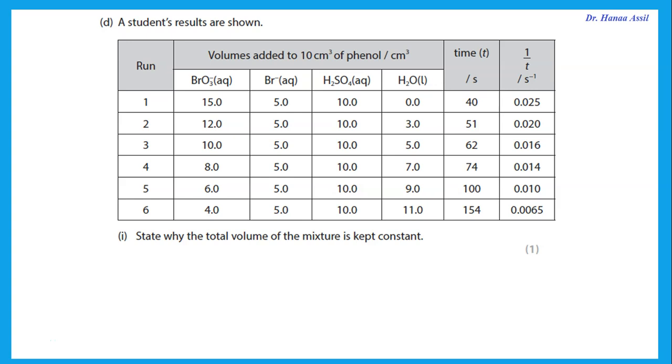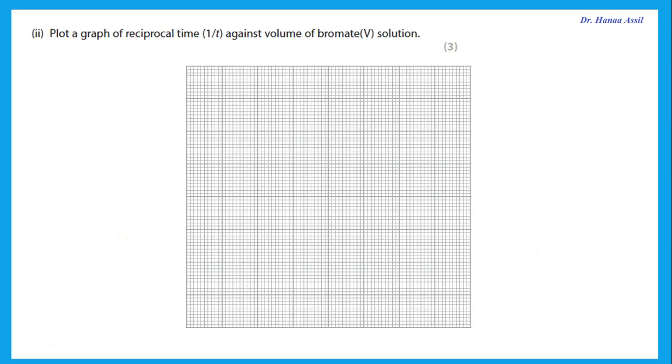Remember, what we're measuring here is volume, but actually we're supposed to be comparing to concentration. We're supposed to have rate versus concentration. But if the total volume is always the same, then the volume is proportional to the concentration, and I can plot the graph with volumes instead of concentration.